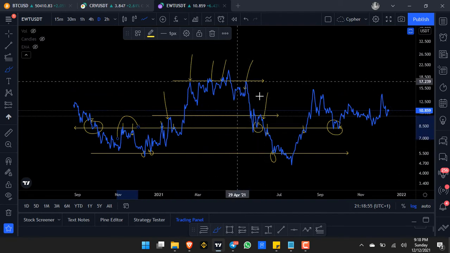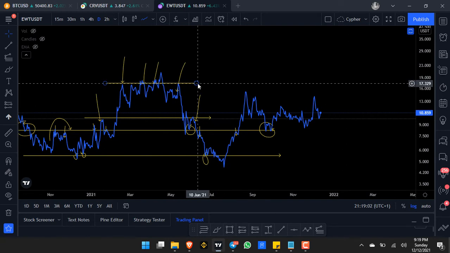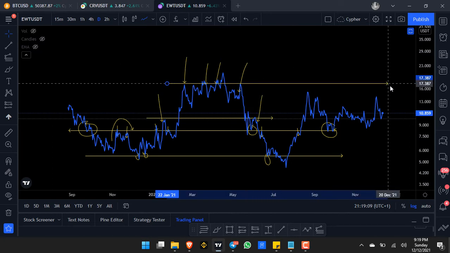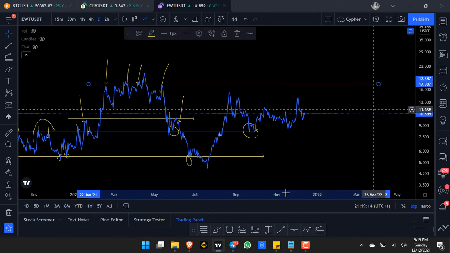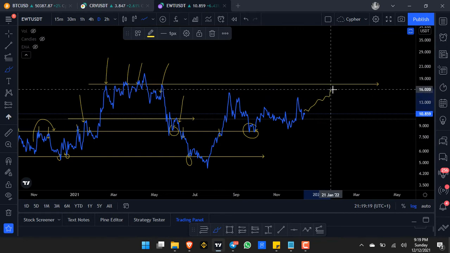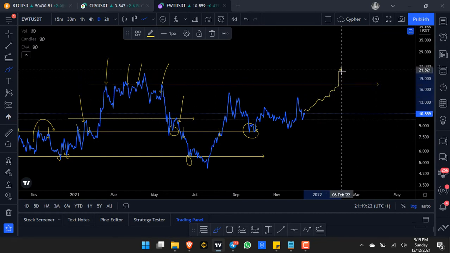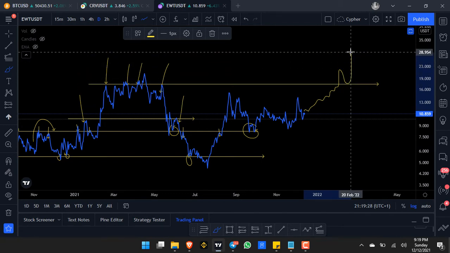So that is it. The same thing is applicable to everything you're seeing here. When you extend this line to the end, if price action manages to climb above this line, it will first of all come back to it as support before it goes back up.